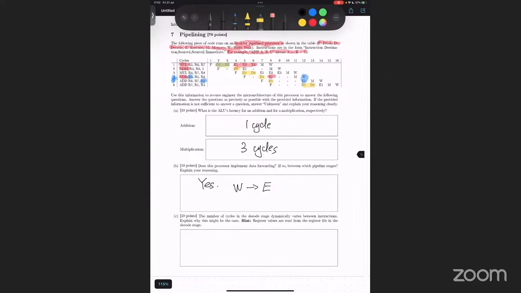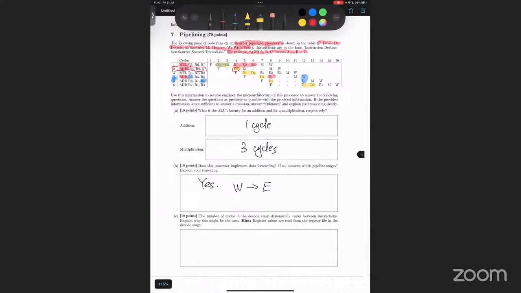We can verify this hypothesis by looking at instruction 2. This is an add immediate instruction, so only one of its operands comes from the register file. R6 comes from the register file, which takes some time in the decode stage, but 5 is an immediate value, so it doesn't take time in the decode stage. And indeed it only takes 1 cycle for the decode stage.